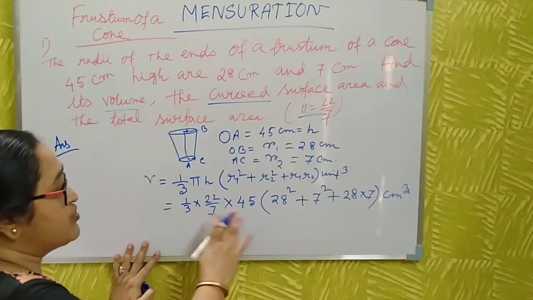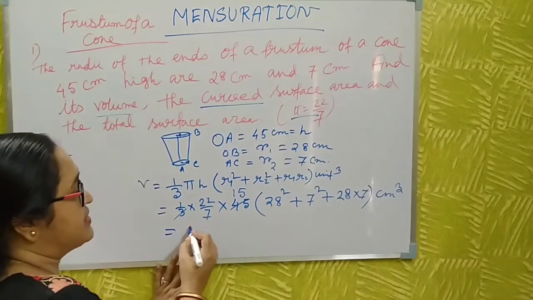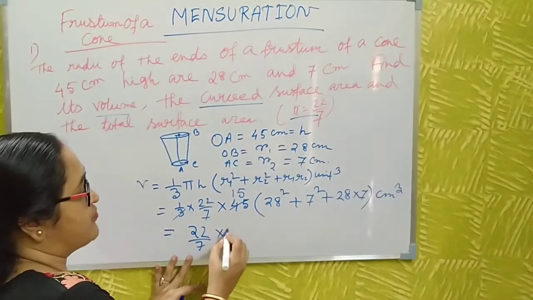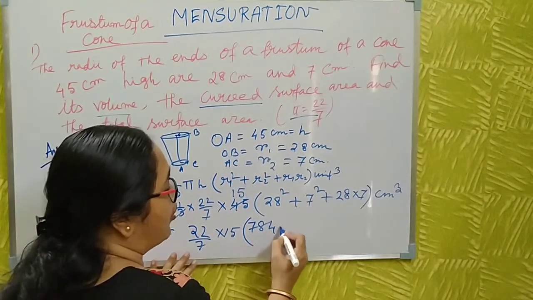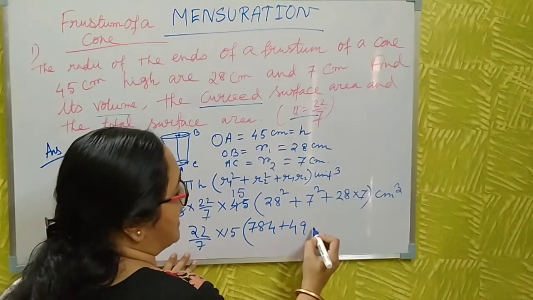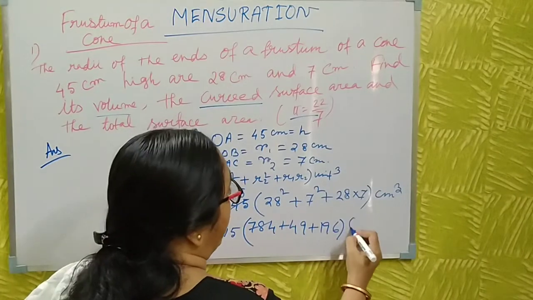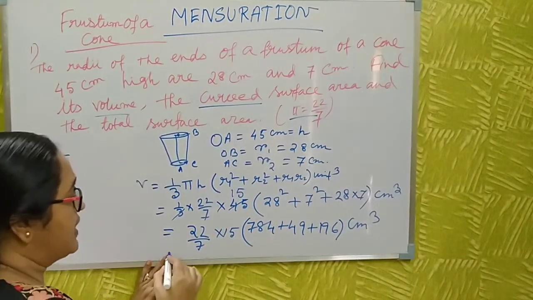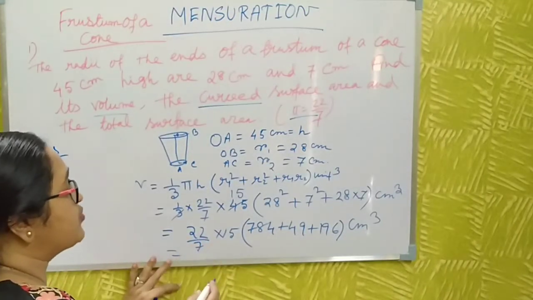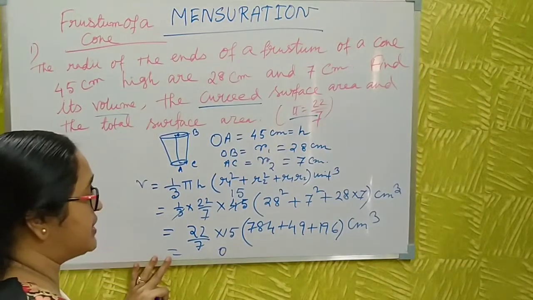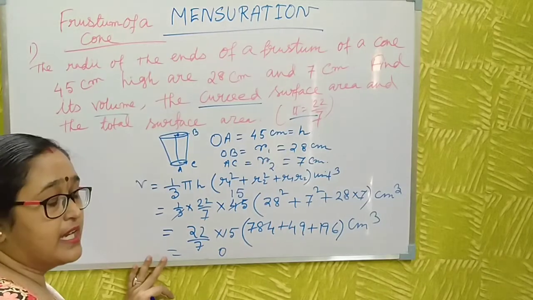Okay, now you just calculate. 3 15s are 45, and 22/7 into 15. 28 square is 784, plus 7 sevens are 49, plus 28 into 7 is 196, in centimeter cube. Now calculate 22 into 15.